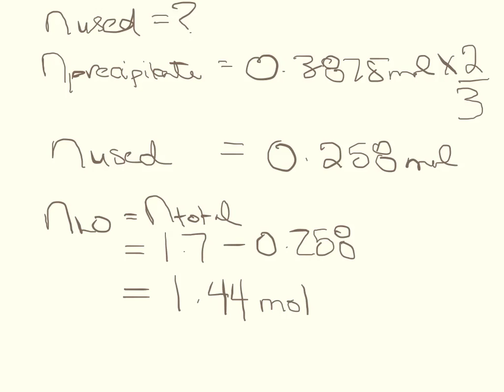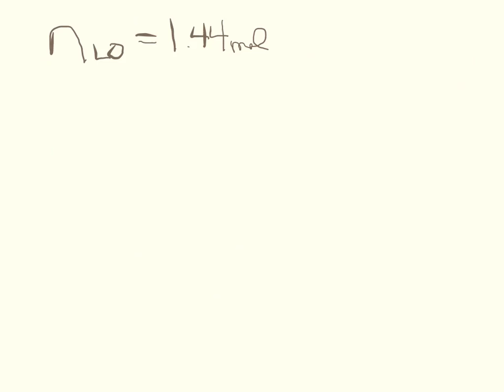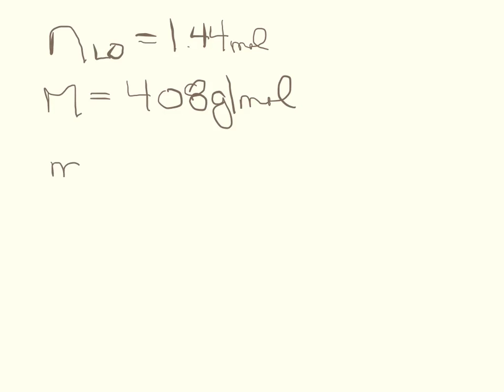So the number of moles left over was 1.44 moles, and the molar mass of aluminum iodide is 408 grams per mole. So mass is going to equal the number of moles times the molar mass.